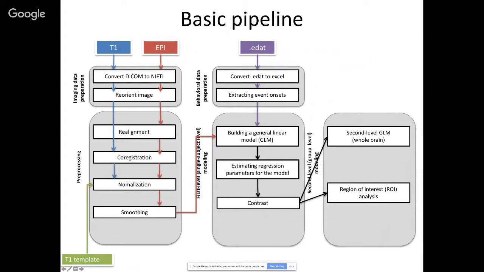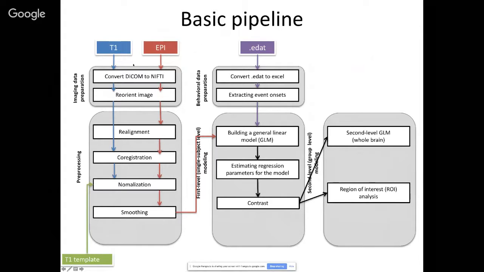We also need to do some behavioral data preparation, and then we put the processed behavioral data and pre-processed imaging data together to analyze the association between your behavior and the brain activity, for each subject, which is called the single subject level modeling. After we analyze the data from multiple subjects, we can do the second level, which is group level modeling.